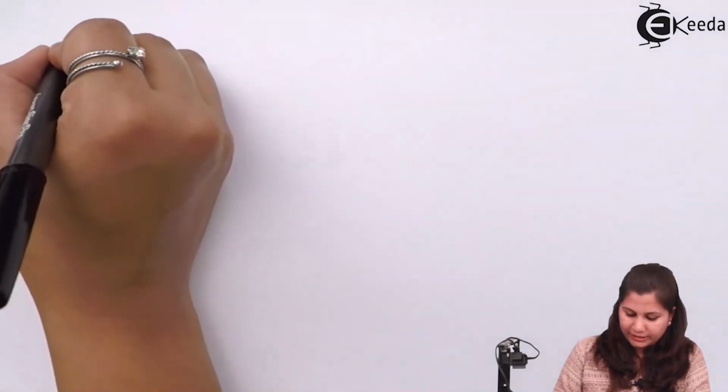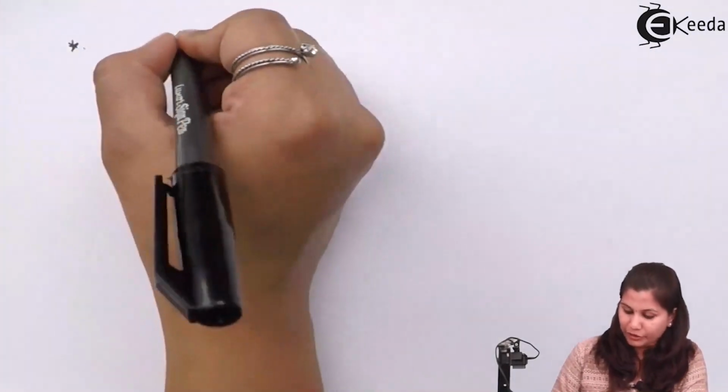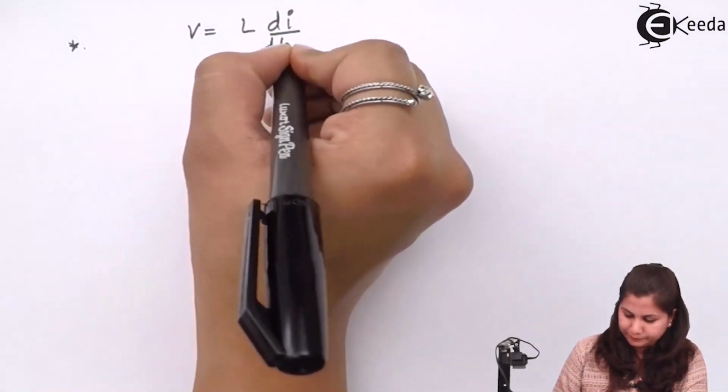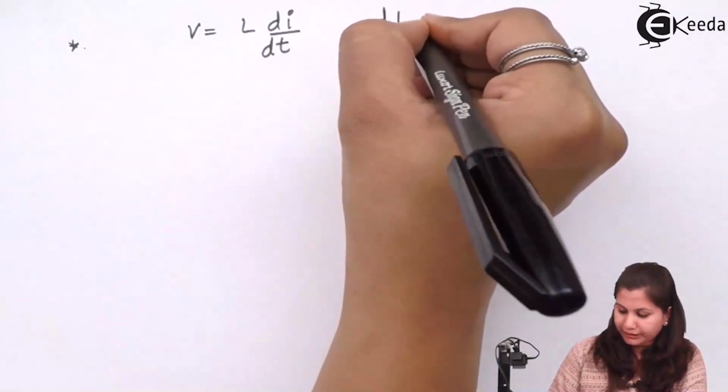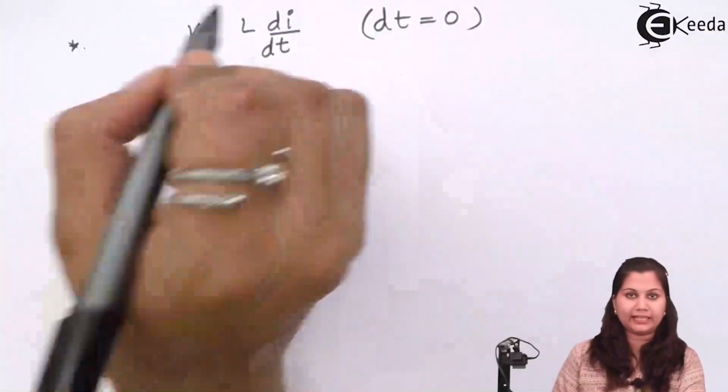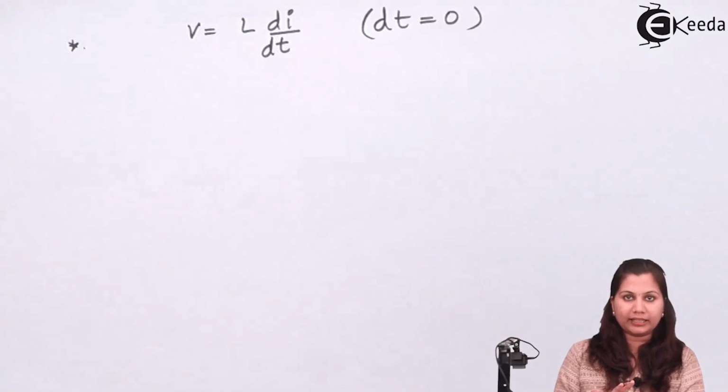Now suppose in the DC current, if there is any change in the value of the current, then due to a very small change in the value of current, inductance will appear across the coil. Now in that equation V equals L di by dt, earlier we put di, the change in the current, as 0.